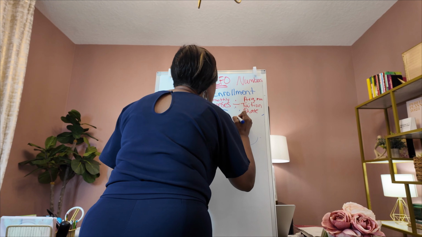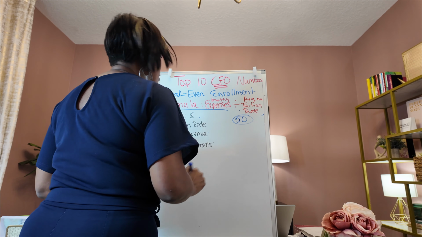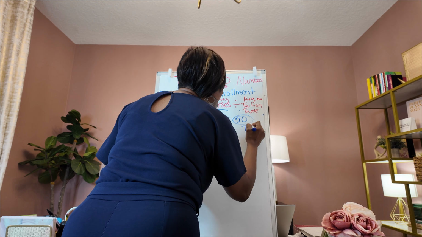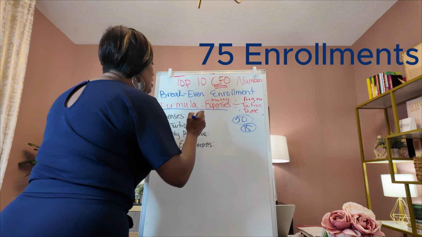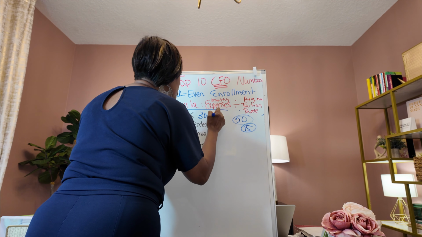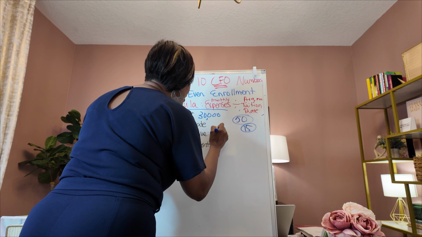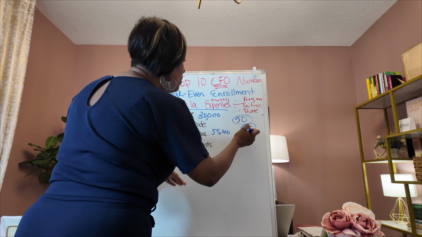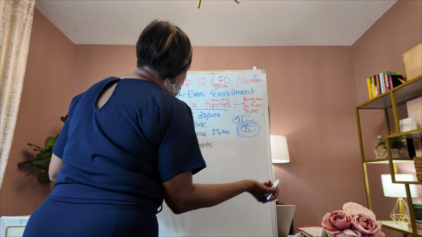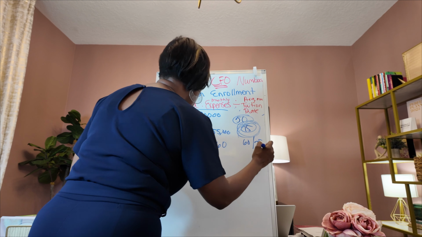Let's say you are licensed for 50 students, okay? But you can serve 75 enrollments, all right? So let's say your expenses were $30,000. Your monthly revenue, let's say you brought in $55,000. Your current enrollments out of this 75, let's say you're sitting at 60 out of your 75 enrollments.